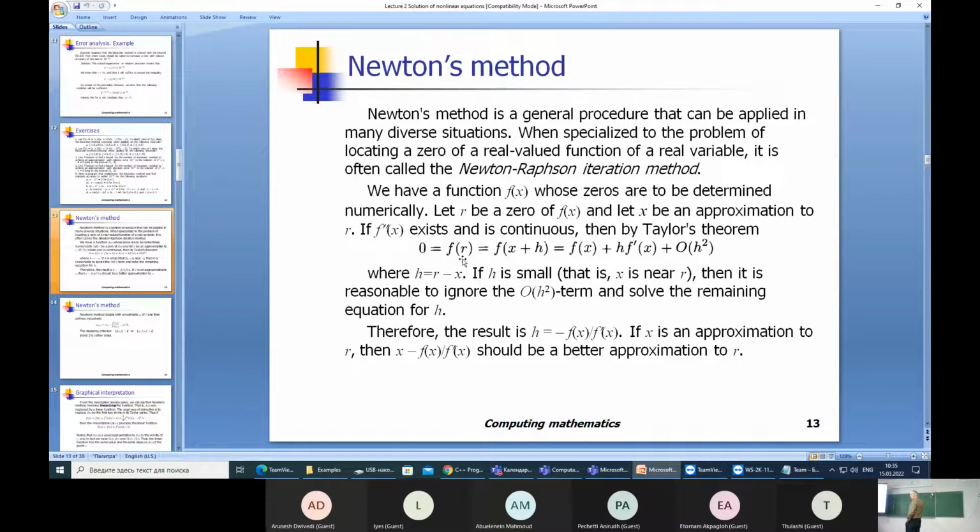And from this we can derive that h equals minus f of x over f prime x.